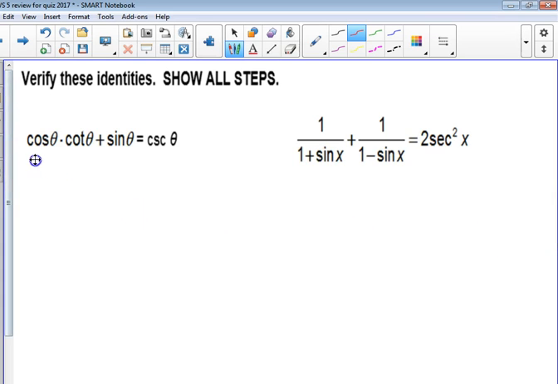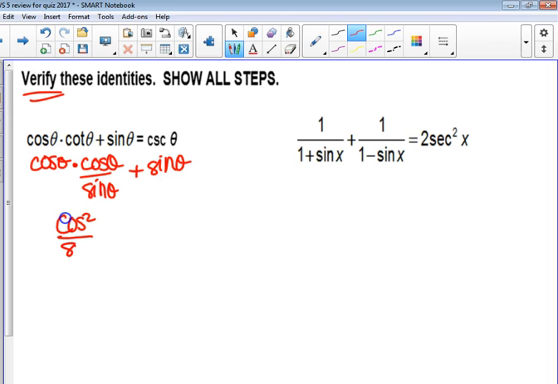Okay, guys, right here, this is verifying, so you can only work with one side. This is cosine, and this is one I'll let you take a picture of if you want. Cotangent is cosine over sine plus sine. Okay, so right now I have cosine squared over sine plus sine.